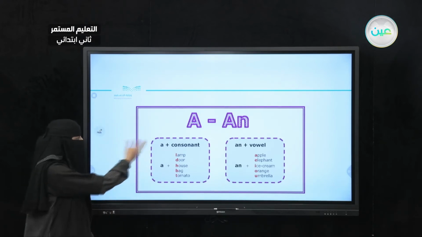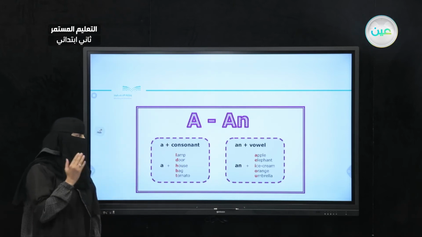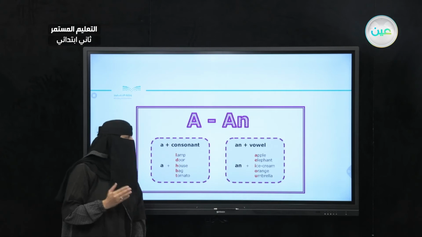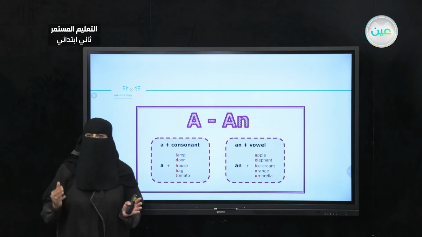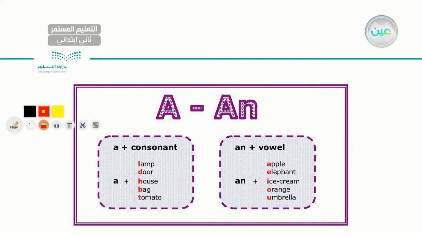Okay? Moving to the next part, I have apple, elephant, ice cream, orange, and umbrella, right? Again, I have one of each. As you can see, they all start with a letter that is called a vowel.